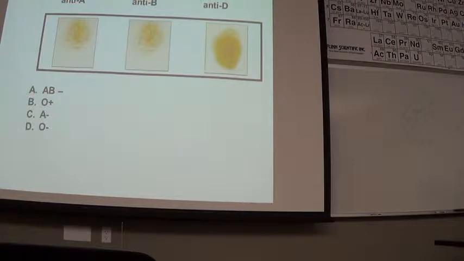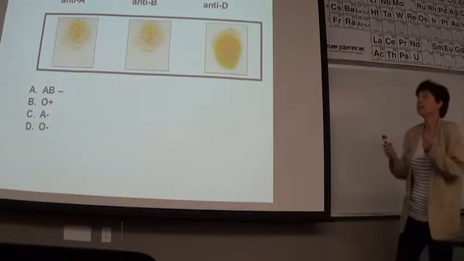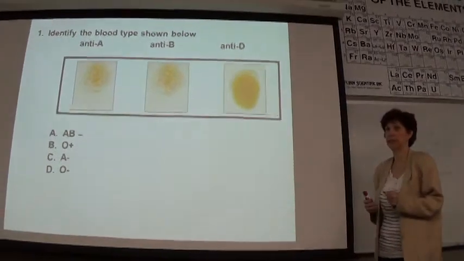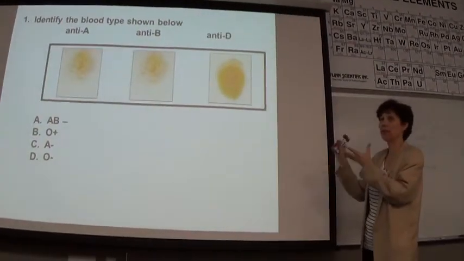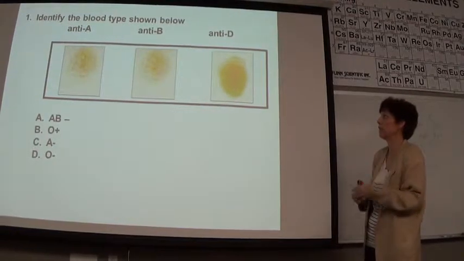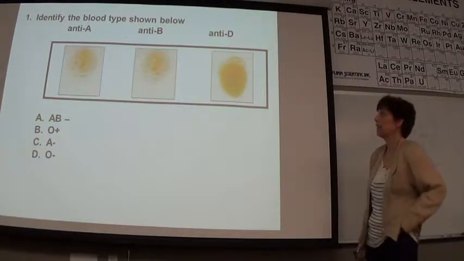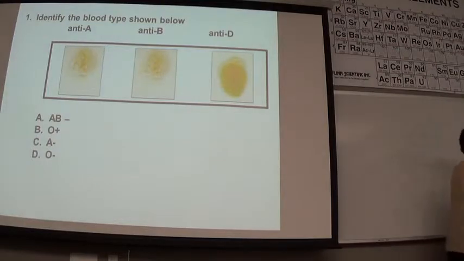Okay, before we leave antibodies and look at passive immunity, I threw in just a few review questions. Get you guys comfortable so you don't just stop breathing when you see a slide that talks about blood antibodies. So, lab type question or lecture type question: identify the blood type shown below. AB negative, excellent.